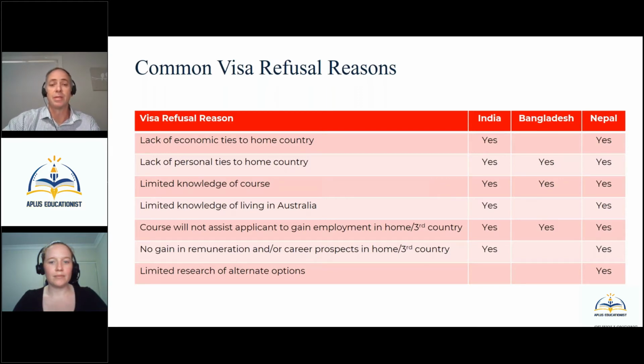For the three countries listed, India, Bangladesh and Nepal, there are a number of similarities: lack of personal ties to home country, limited knowledge of course, and the course will not assist the applicant to gain employment in home or third country. But there are also some individual reasons that apply to various countries.